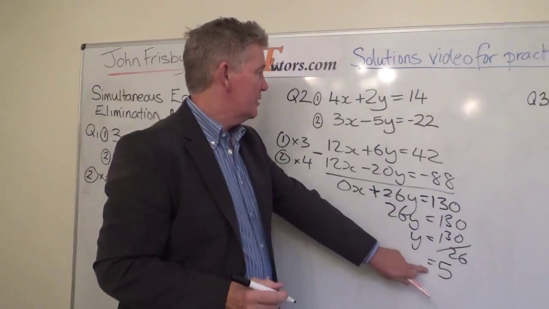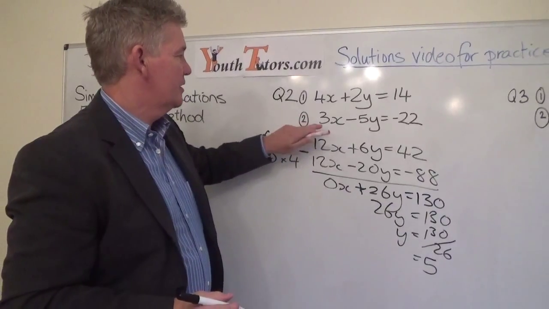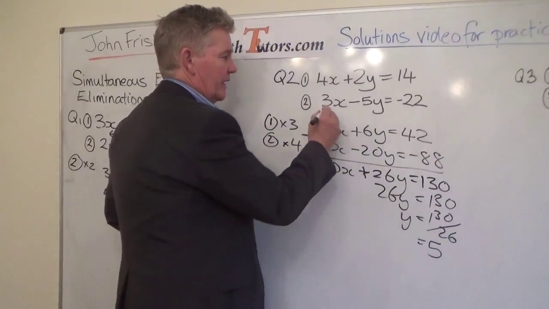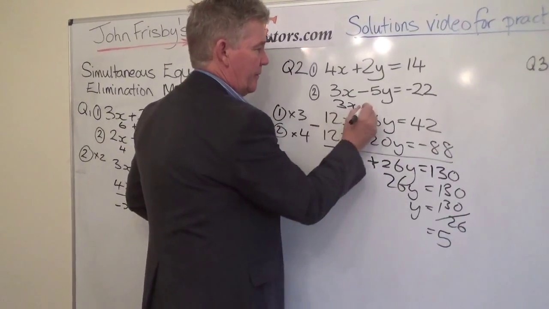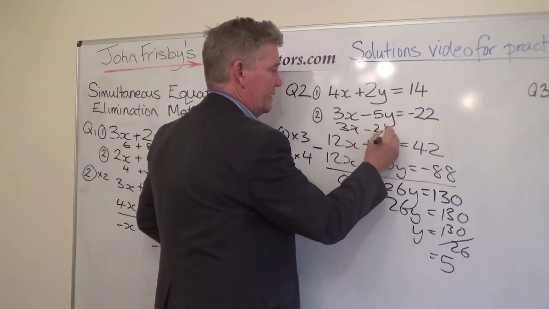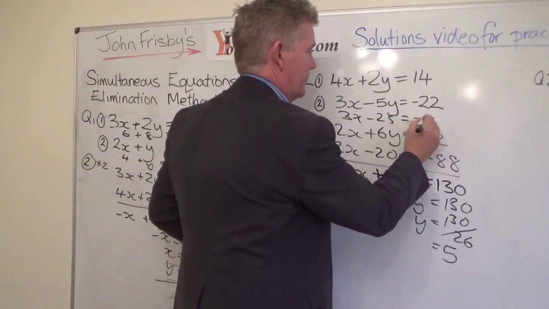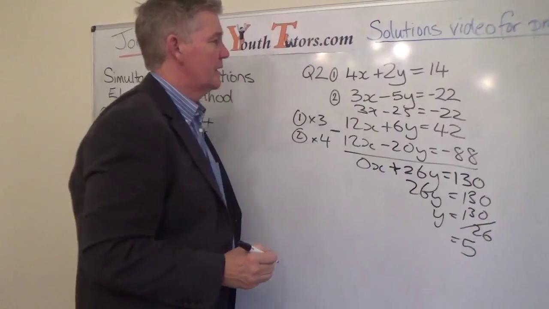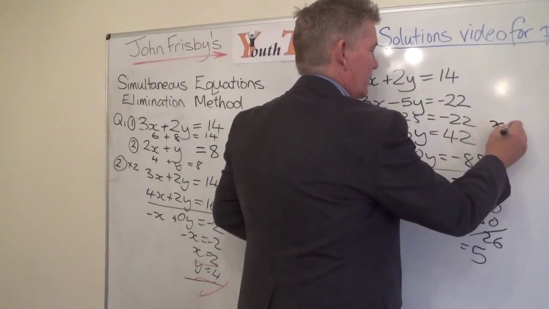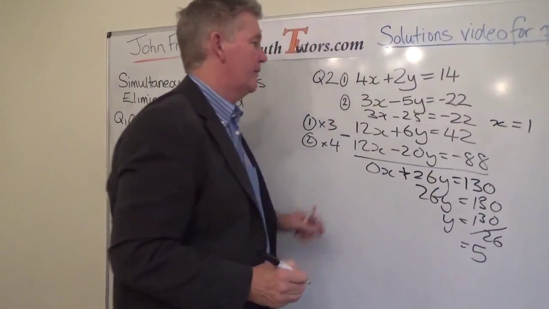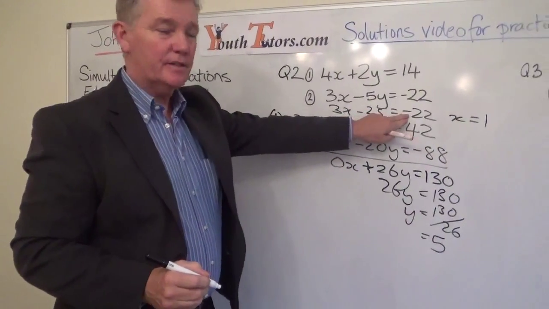Now if I substitute that back into equation 2, I will get 3x minus 25 equals minus 22. So x therefore would equal 1, because 3 minus 25 is minus 22.